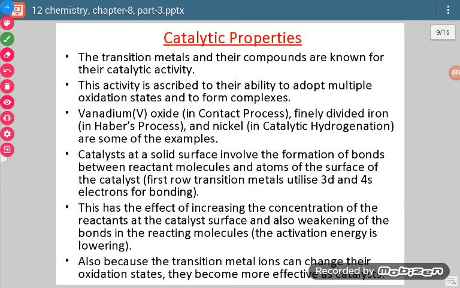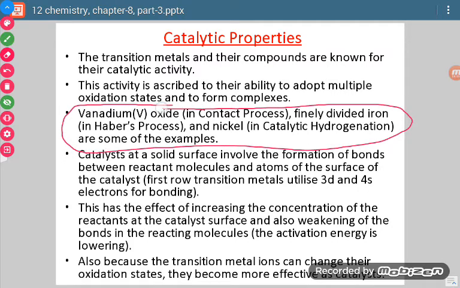Now next is catalytic properties. Now we are asked a question like this: transition metals are used as catalysts. Why? You might have seen so many processes where we use a catalyst, and that catalyst belongs to the d block. Okay, now see here, in the contact process we are using vanadium oxide.